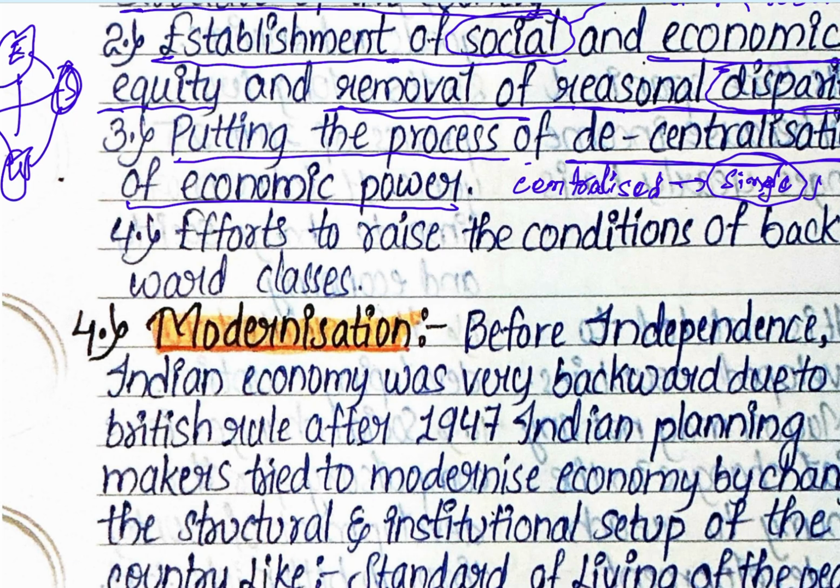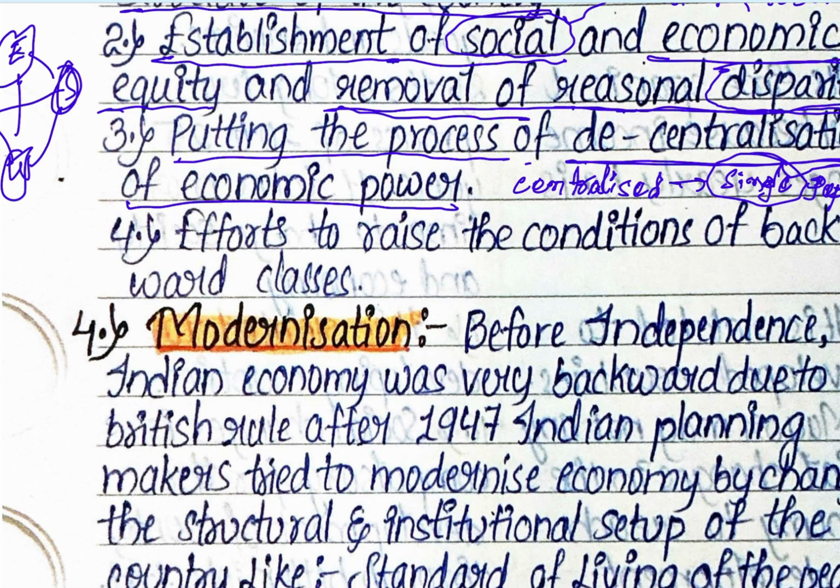This is called decentralization of economic power. It should not be controlled by a single person, but economic power should be enjoyed by all the people of the country, that is called social justice.